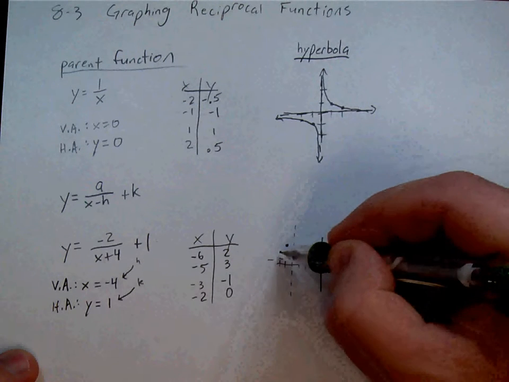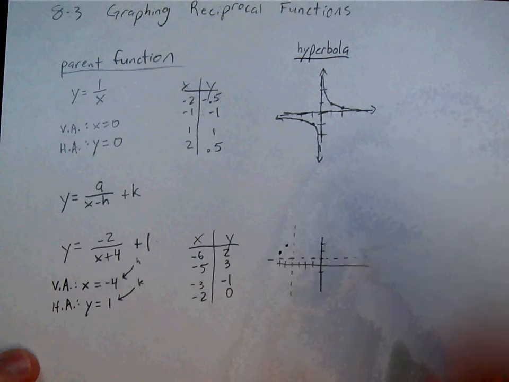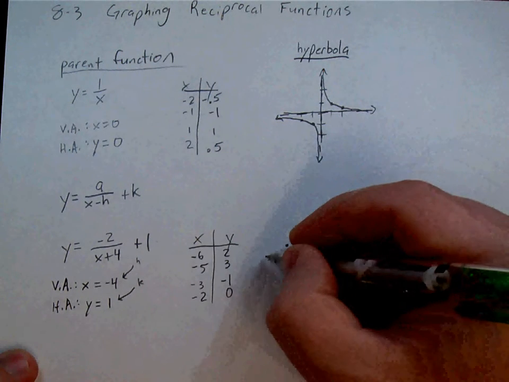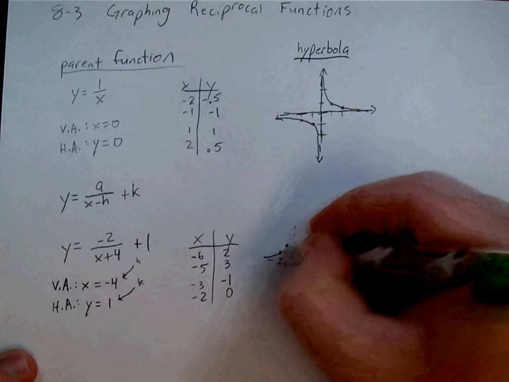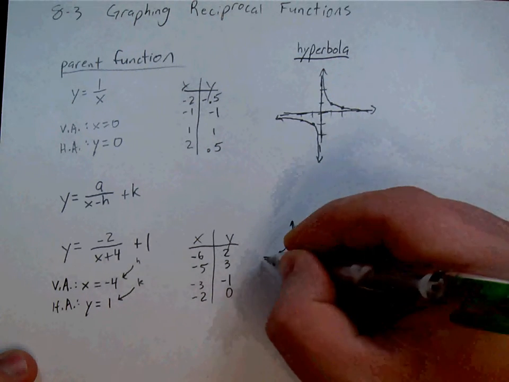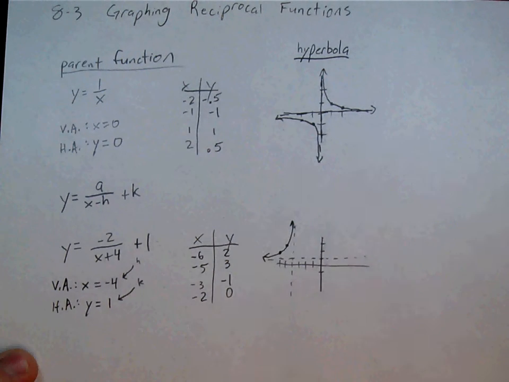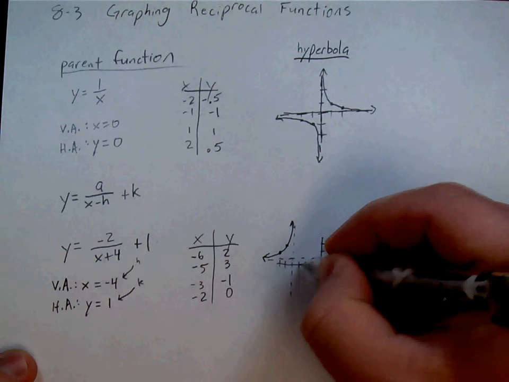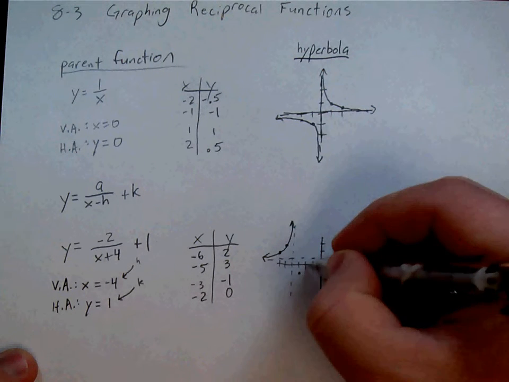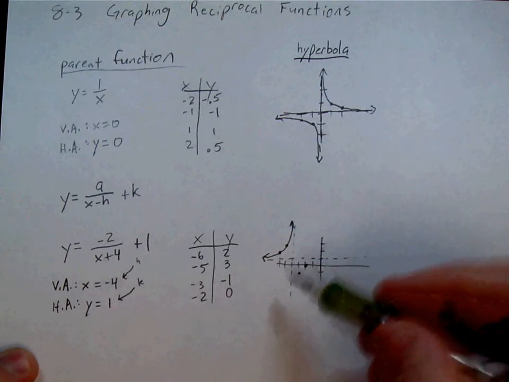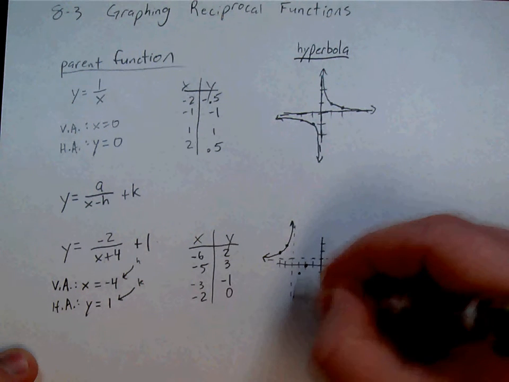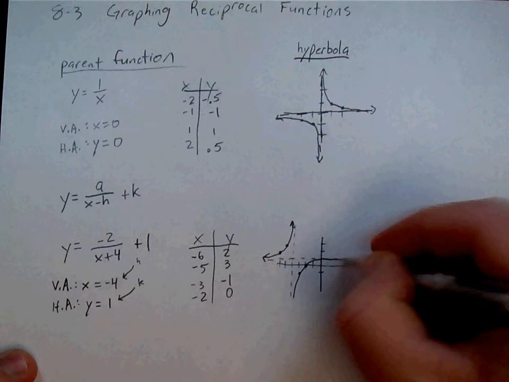So you can see, based off of those asymptotes, what quadrant they're in. So I can follow in an asymptote, hit the 2 points, follow out the other asymptote. And then negative 3, negative 1, and negative 2, 0. Now hit those 2 points and follow in and out the asymptotes. Don't ever cross your asymptotes.